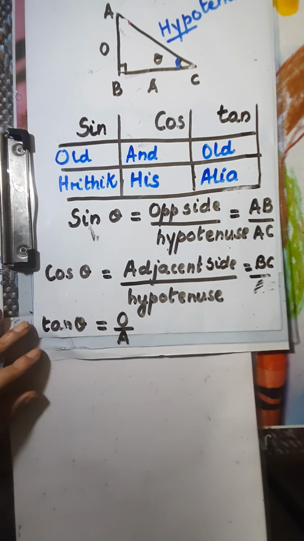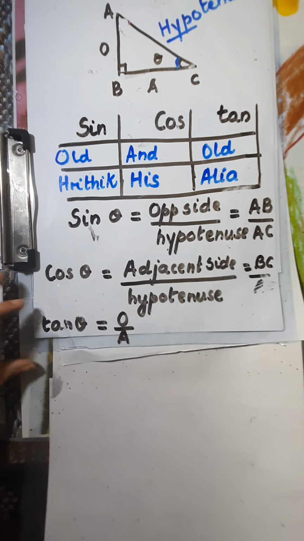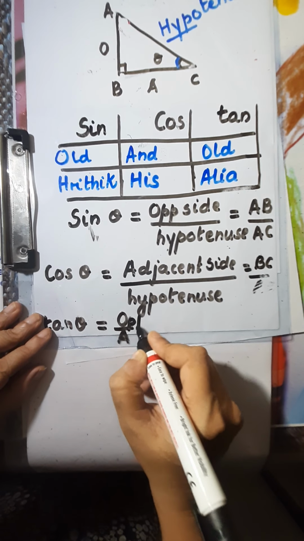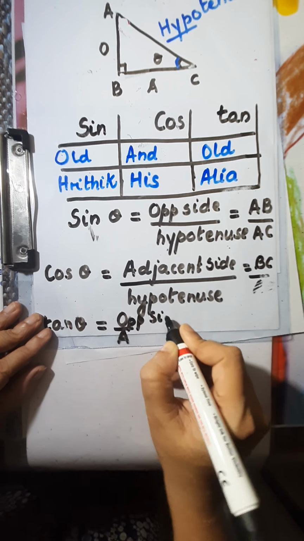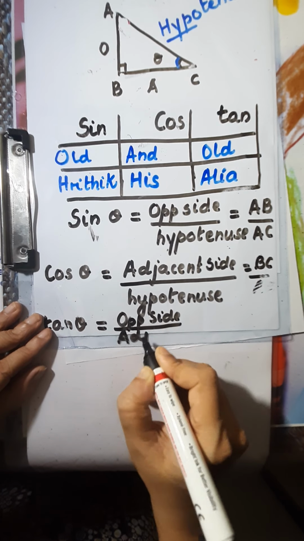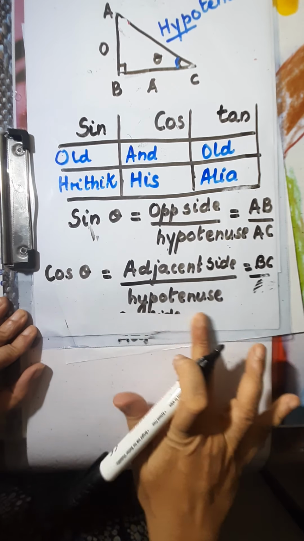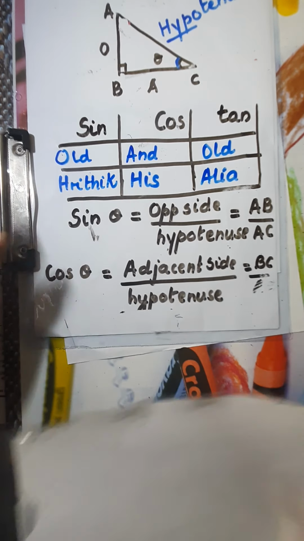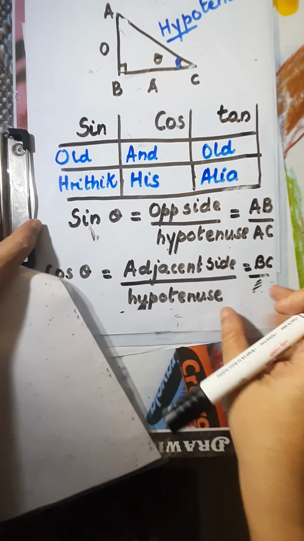I am just writing O upon A, but you are supposed to write the full form. I will also write opposite side upon adjacent. I'll take a new page and write afresh here, it makes better sense.